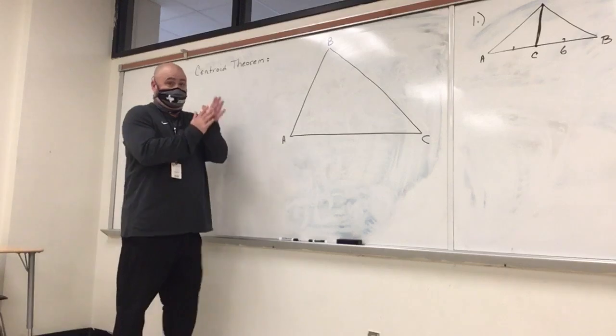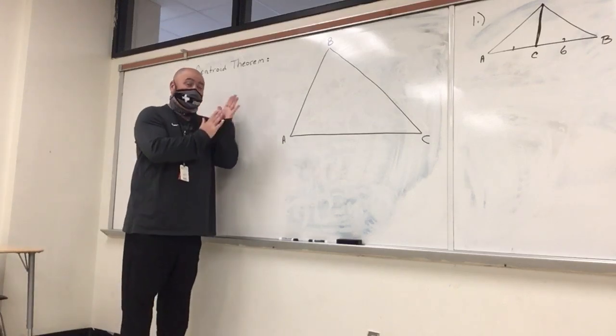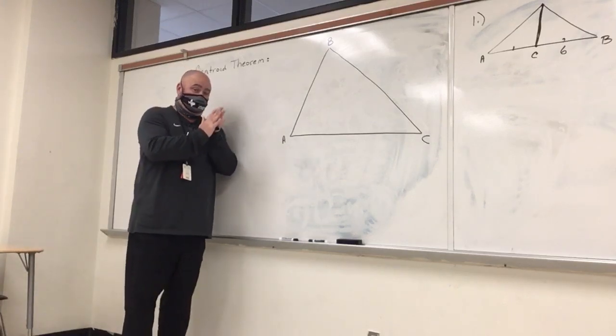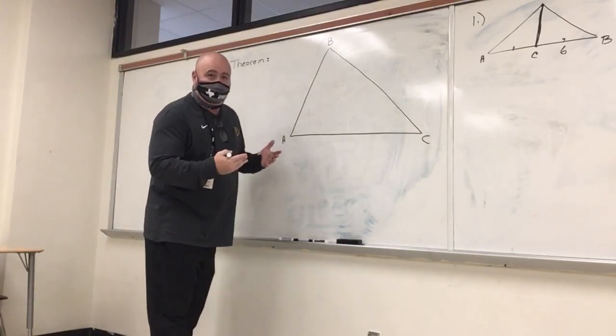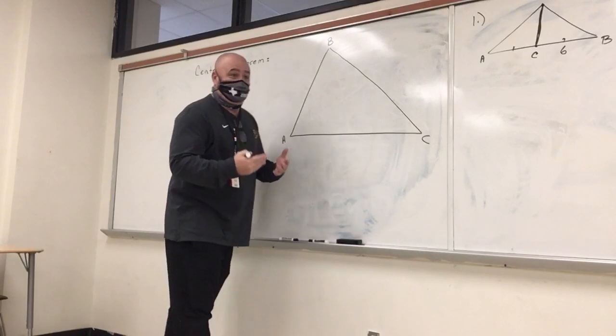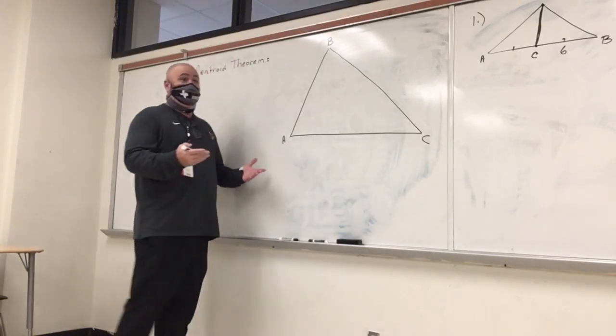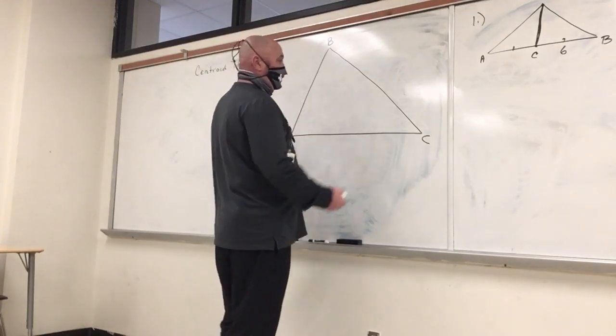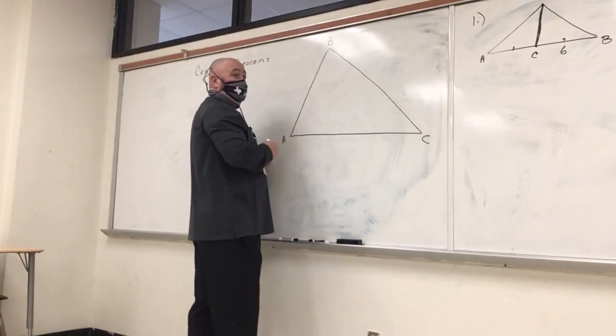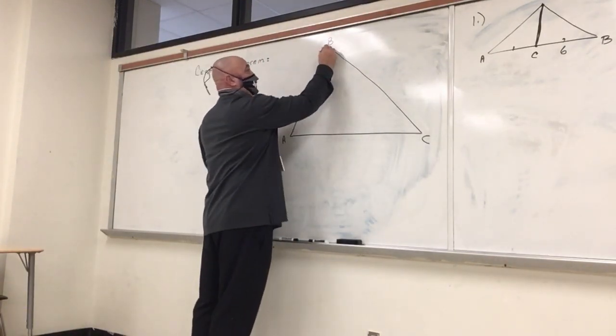I'm going to start as y'all are drawing because I think you understand what some of these things are. A triangle's got three sides. We all know that. A triangle's got three angles. We all know that. And where two sides come together, say side AB and side CB, where they come together is called a what?